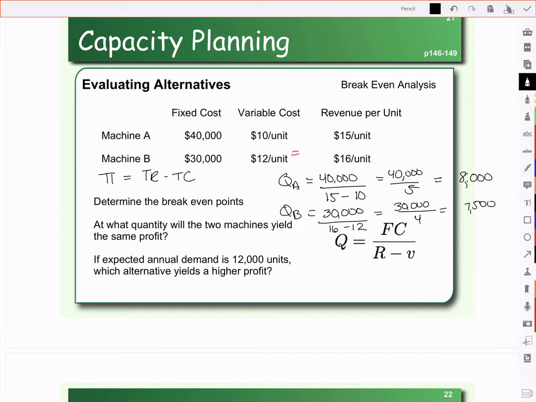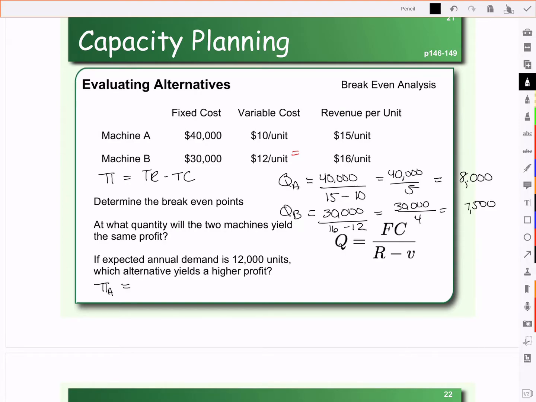So now we want to look at what's the level of profit for the two different machines at different quantities. And also we would like to look at, is there a quantity at which the two machines would give us the same profitability? So let's first look at what is the profit if our forecasted demand is 12,000 units.